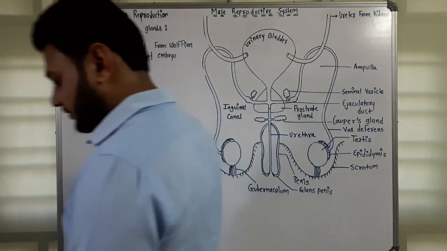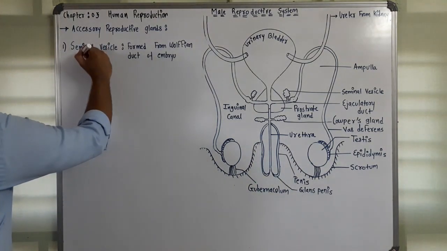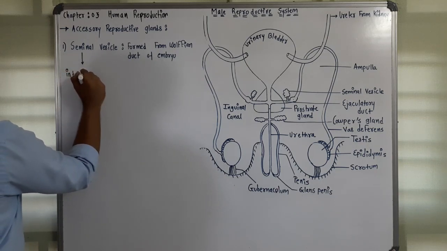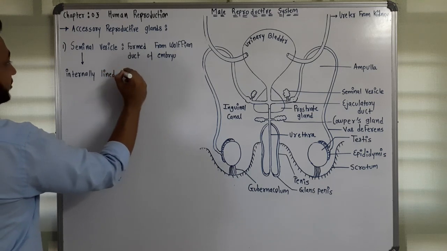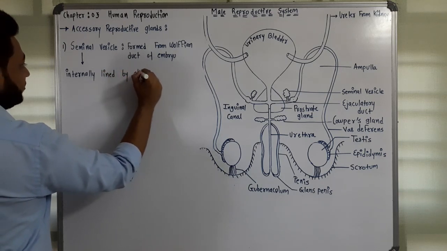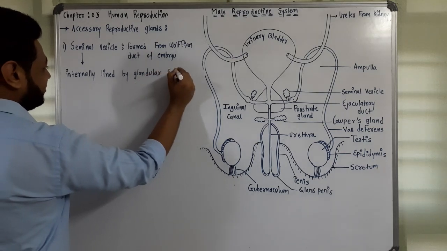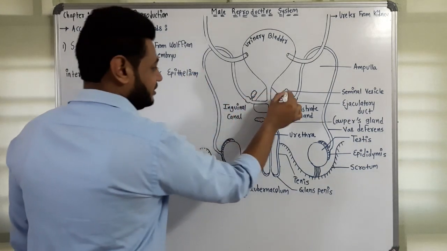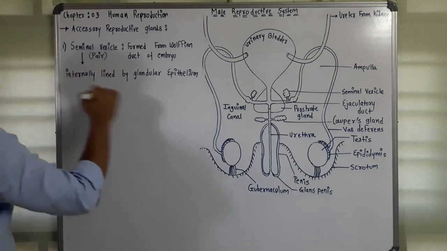Now the seminal vesicle is internally lined by glandular epithelium. This is a big thing. Why? Because this glandular epithelium secretes seminal fluid. Remember, the seminal vesicle is occurring in pair.